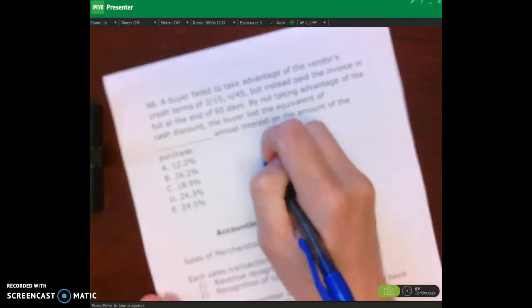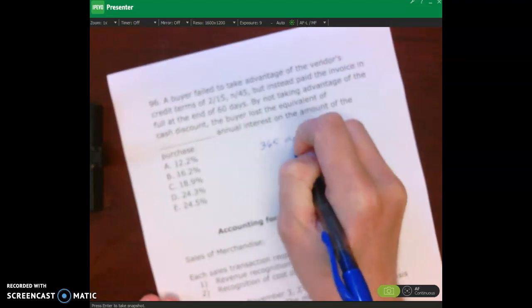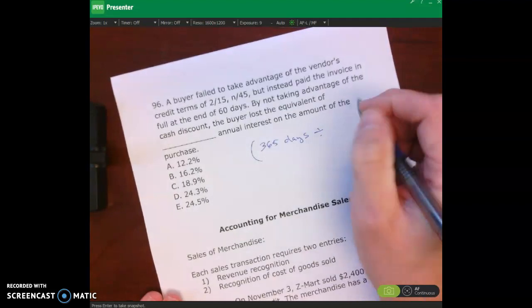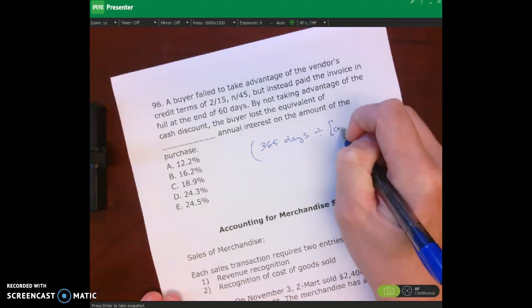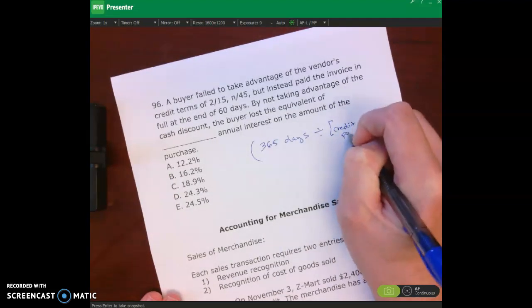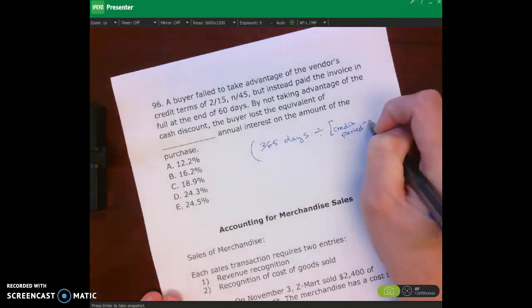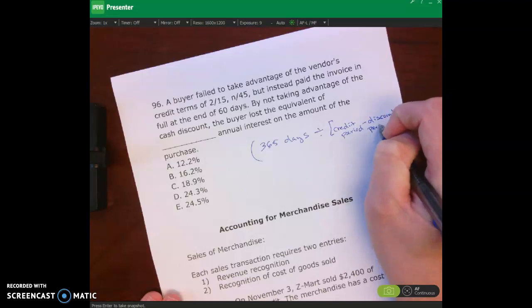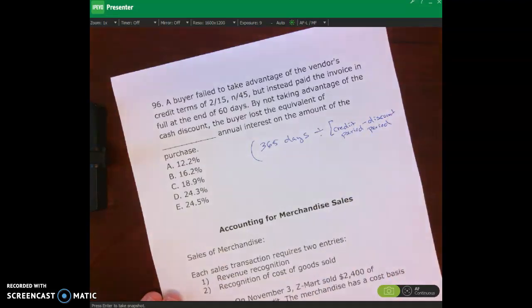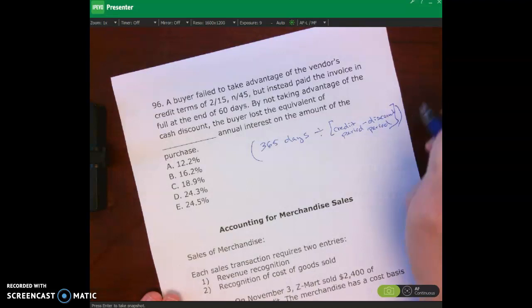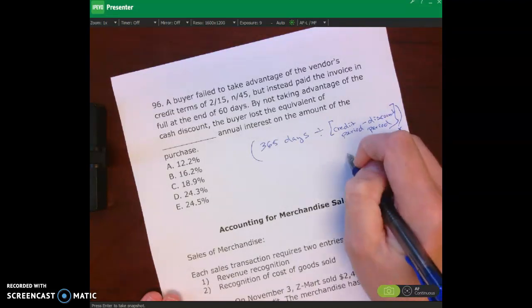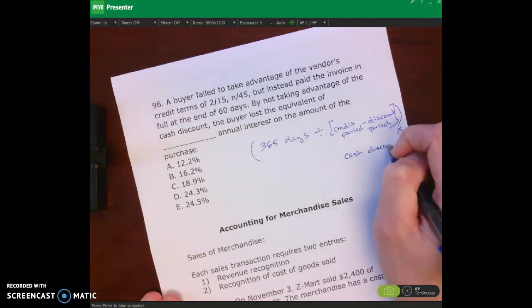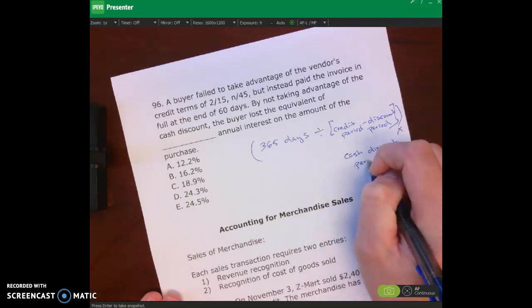So what we do is we take 365 days, divided by our credit period minus our discount period, times our cash discount percentage.